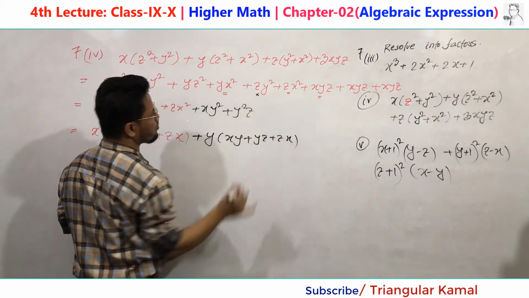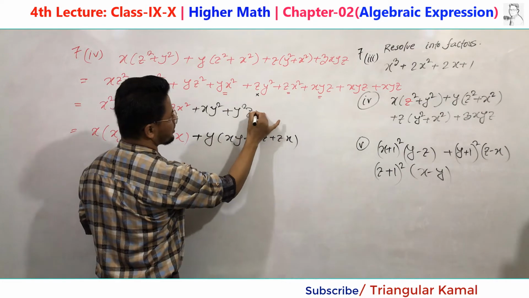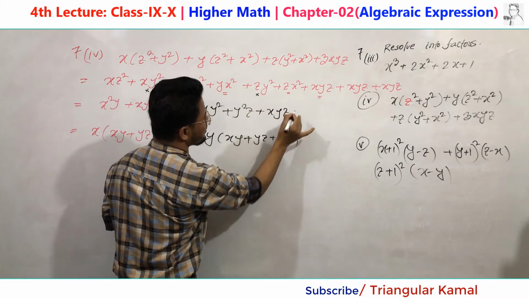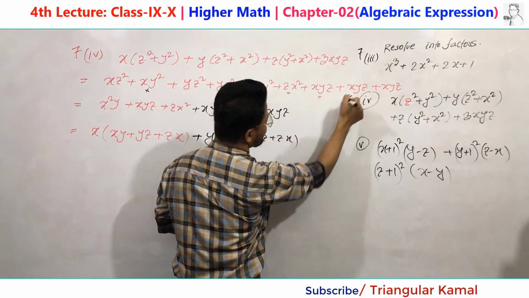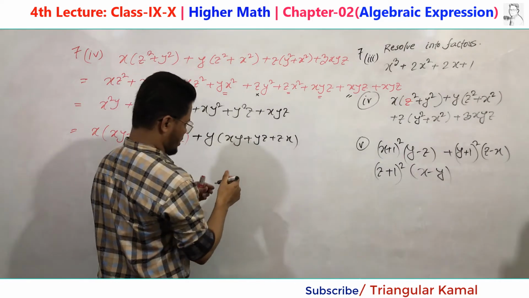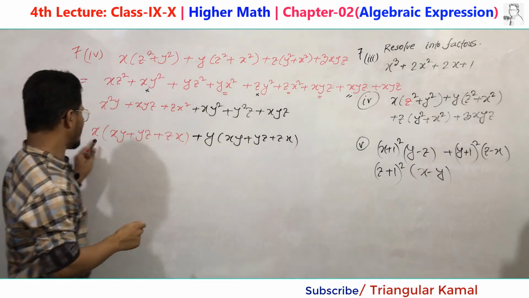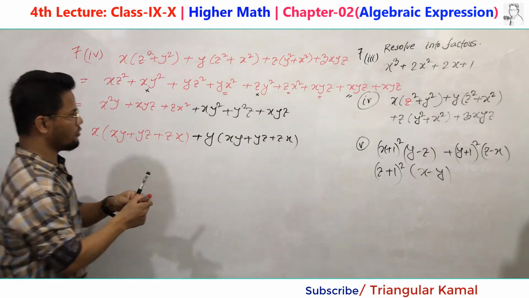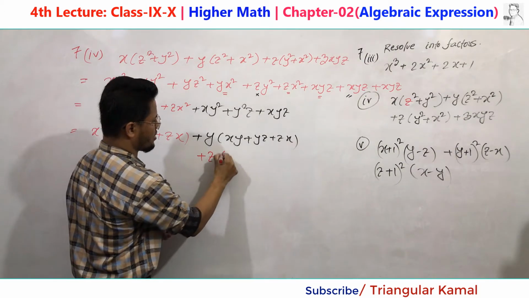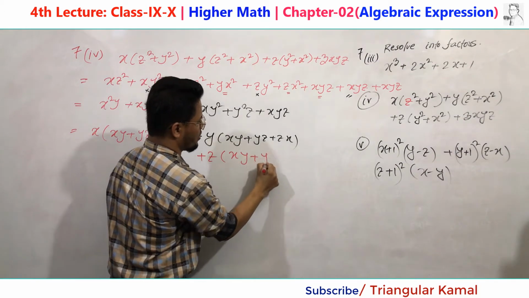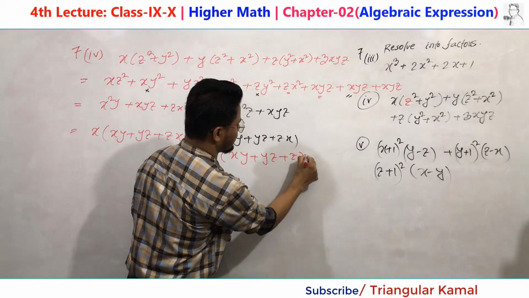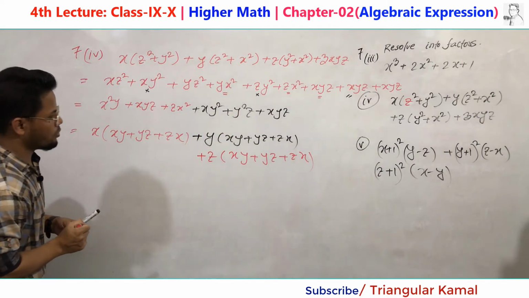This one, y square z. Now this one is xyz. So here another one, xyz, and another one xy. Now finally z, xy plus yz plus zx. Now do simple calculation.